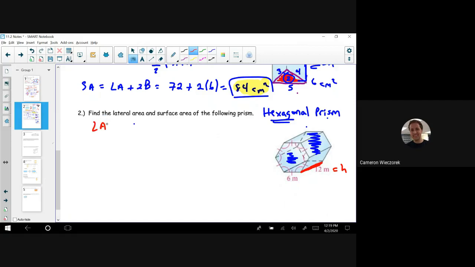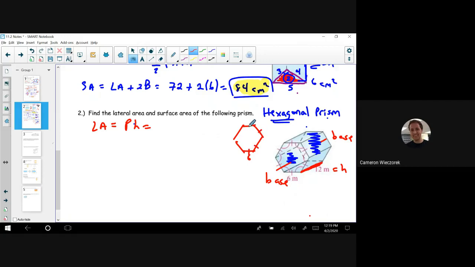So the lateral area is going to be adding up all 6 of those rectangles that are surrounding the shape, but it's not including the hexagon in the front, and it's not including the hexagon in the back, because those are my bases. So the lateral area is the perimeter of the base times the height. If I look at the hexagon, every side length is 6.